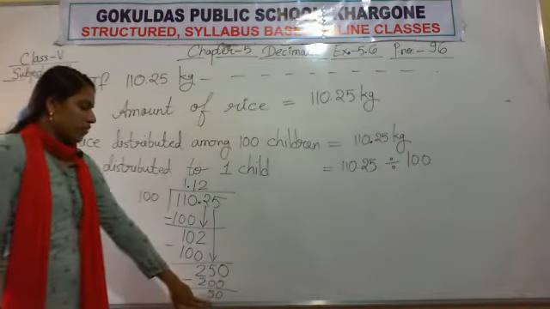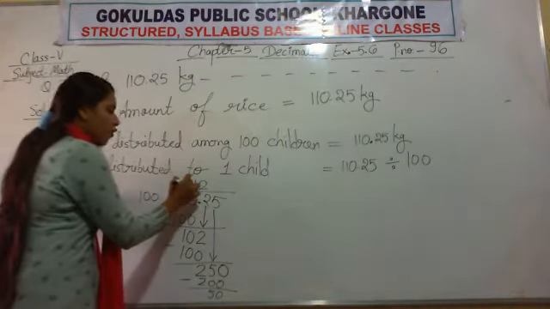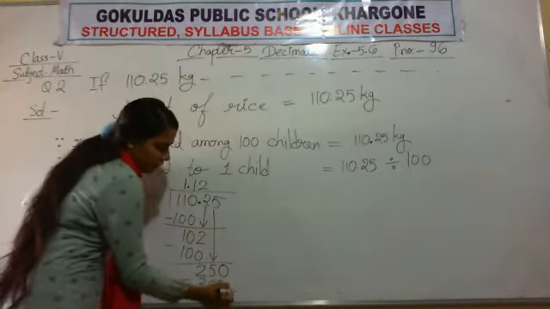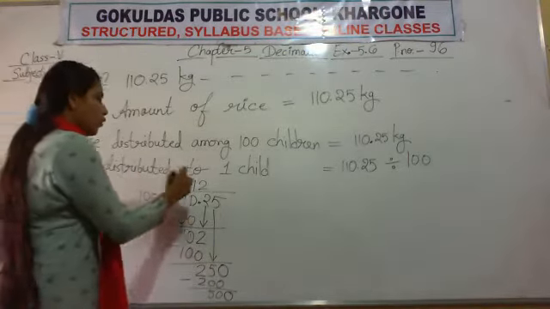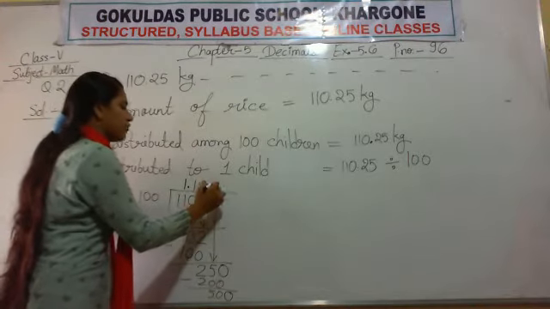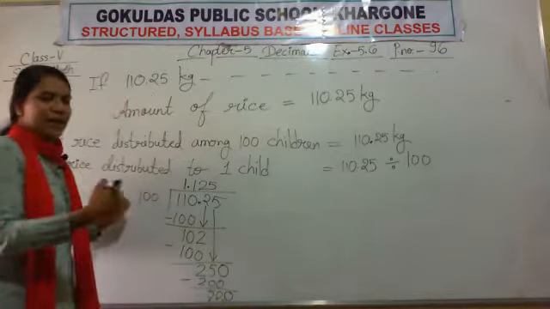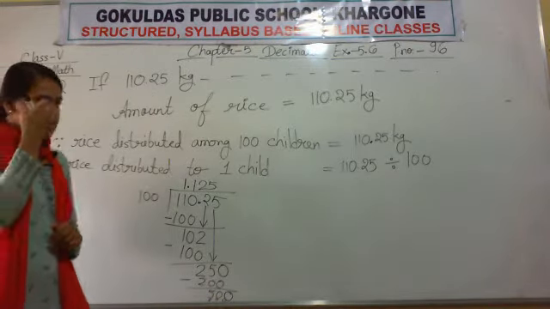Now 50 is smaller than 100, and you have already put a decimal here, so we can add a 0 to the right of the 50. Now we can divide this 500 in 5 times. 100 fives are 500, and 500 minus 500 gives 0, remainder 0.